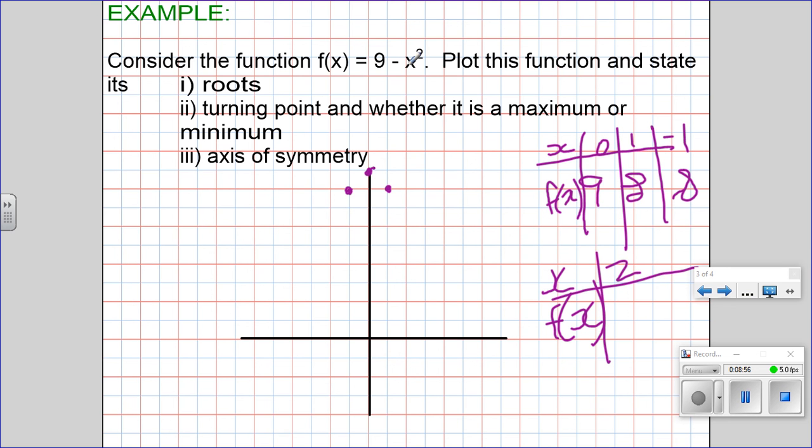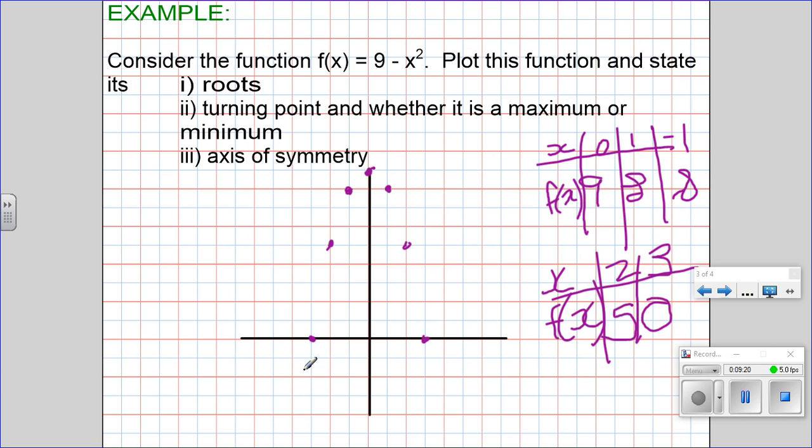So we get 9 minus 4, because 2 squared is 4, so we get 5, and we'll get the same thing for -2. And then the last thing we're going to check, just so we can finish this off, is 3. 9 minus 3 squared, so 9 minus 9 is 0, so 3, 0, we're coming out here.